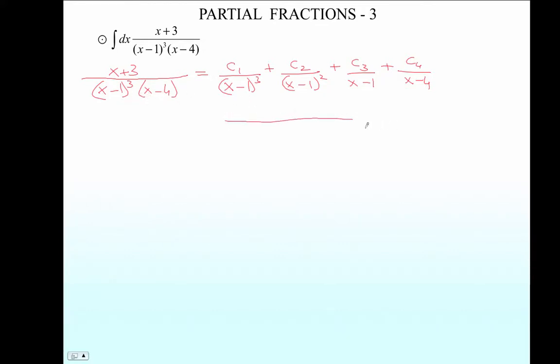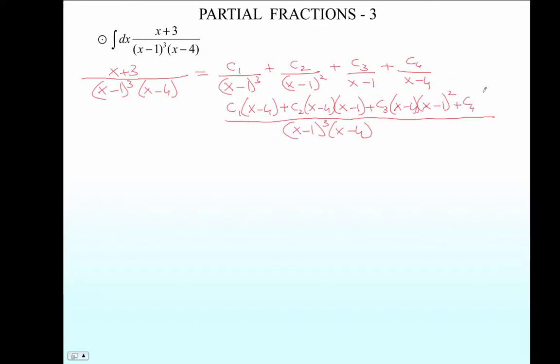Let's make the common denominator, and that common denominator is of course x minus 1 cubed into x minus 4. The numerator will have c1 multiplying x minus 4. Then c2 will multiply x minus 4 and x minus 1. c3 will multiply x minus 4 and x minus 1 squared. And finally, c4 will have x minus 1 cubed.